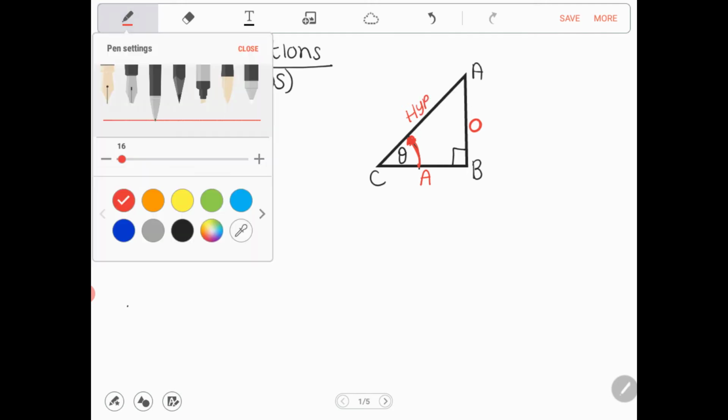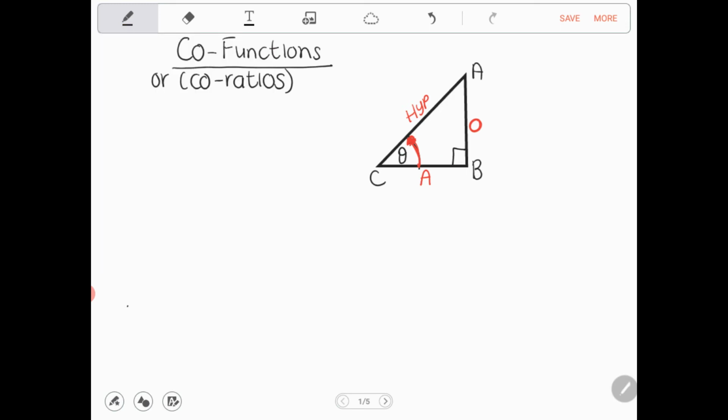Now, if this is a right angle triangle, then angle A would be equal to 180 minus the 90 plus the theta in the corner there. Okay, so that would be the sum of the angles in a triangle, which means that angle A would be 180.